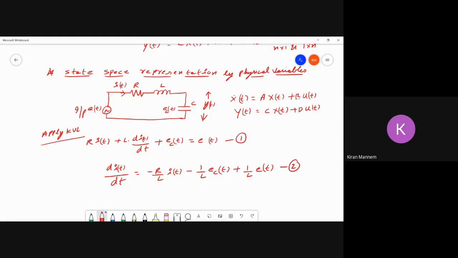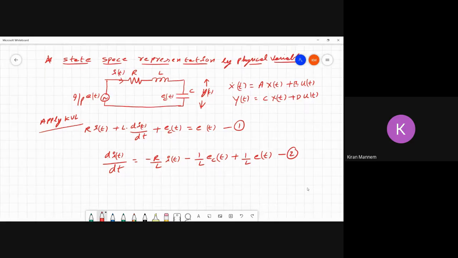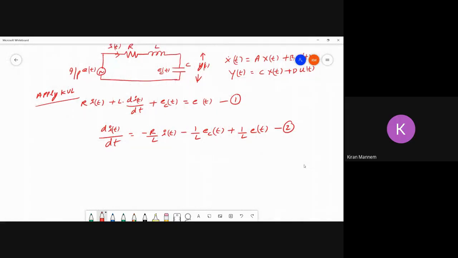Let us write the next equation in the circuit, that is, the current through the capacitor. What is the current through the capacitor? i of t is equal to C into d Ec of t by dt, right?